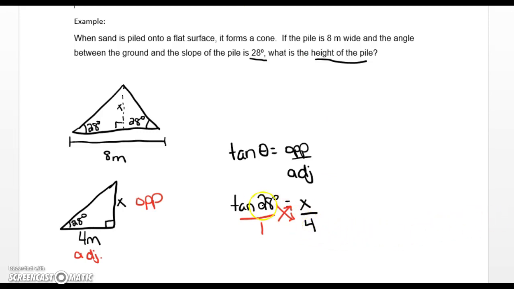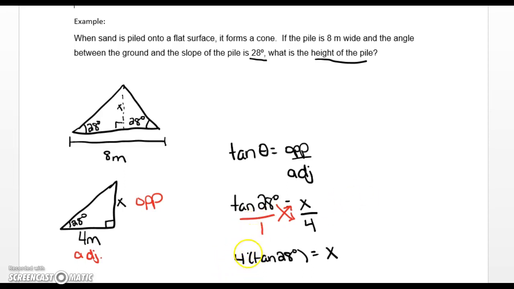So we have 4 times the tan of 28 degrees is equal to x. One thing that's really important here is that you might notice that I wrote the 4 first. That's because I don't want to confuse it as being the tan of 284 degrees, or try to multiply those two numbers before I use my tangent button on my calculator.